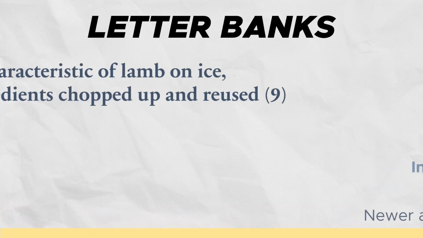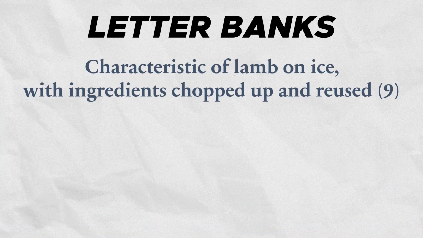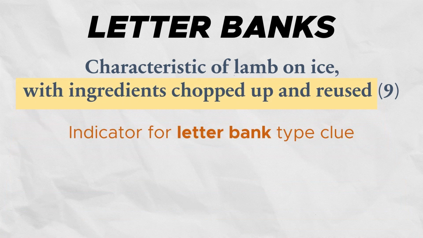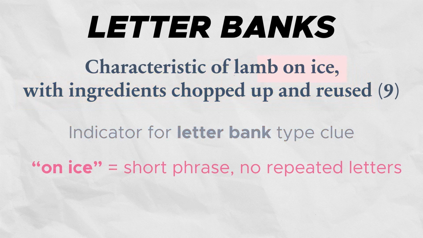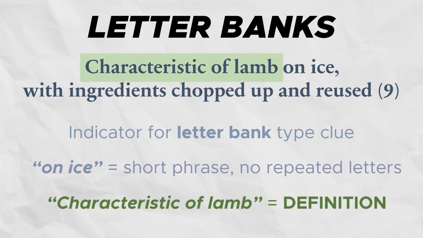Here's an example: characteristic of lamb on ice, with ingredients chopped up and reused, 9 letters. Let's break that down. With ingredients chopped up and reused, that's our indicator that this is a letter bank type clue. On ice is a short phrase with no repeated letters, an isogram, so this is probably our letter bank that we need to use. That leaves characteristic of lamb at the beginning of the clue, which is the definition.